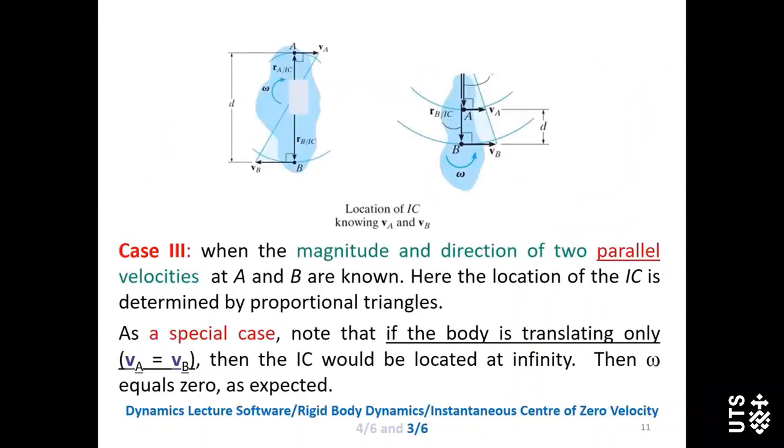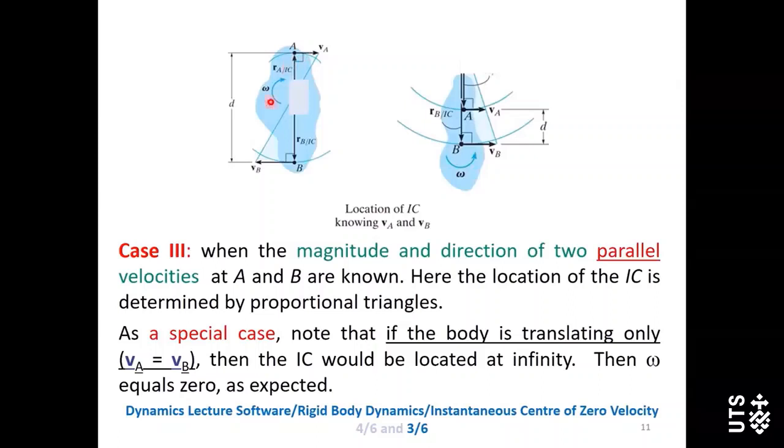In the third case, we have a rigid body undergoing general plane motion like this, or this one. We know two parallel velocities.